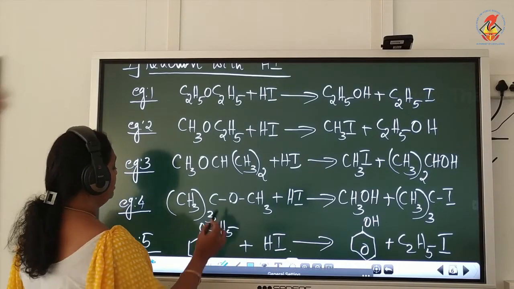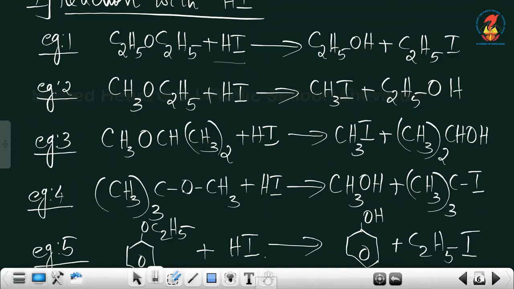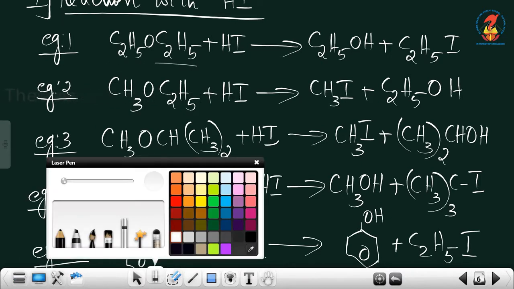C2H5OC2H5 plus HI. Now, you can see this is a symmetrical ether. Symmetrical ether means the alkyl groups on either side of the oxygen atom are the same.